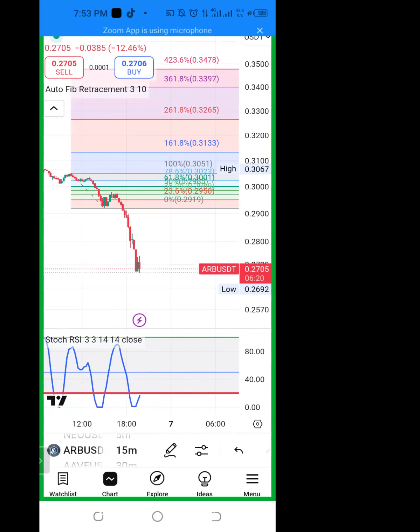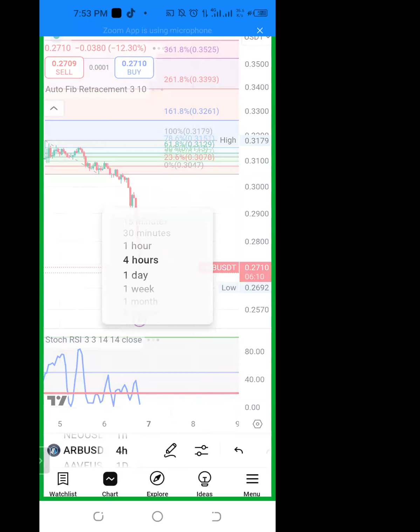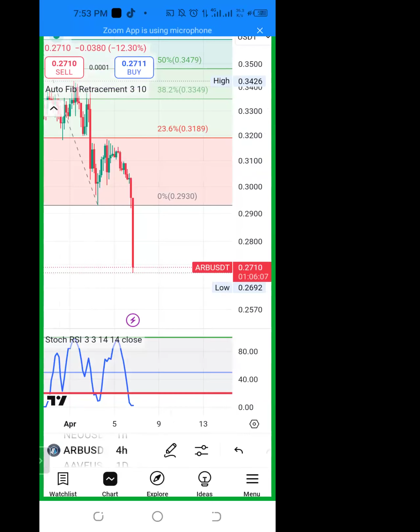RSI, because when we want to trade, most times we always use the 4-hour chart to analyze, until when there is the stochastic RSI.